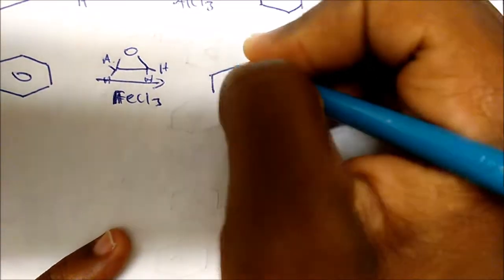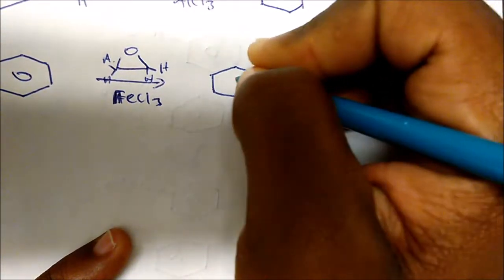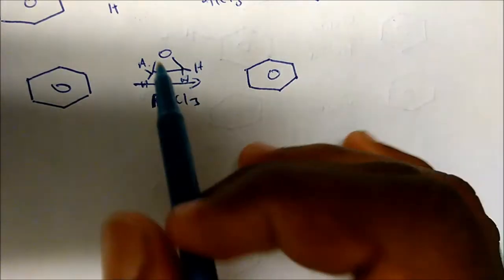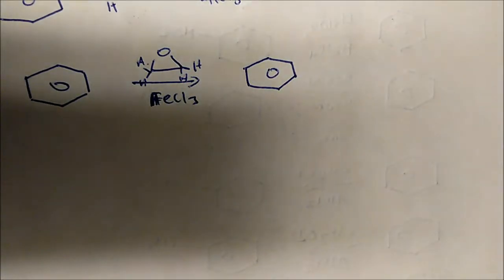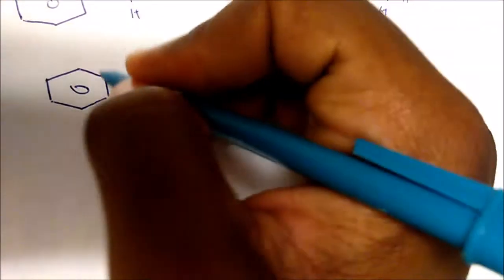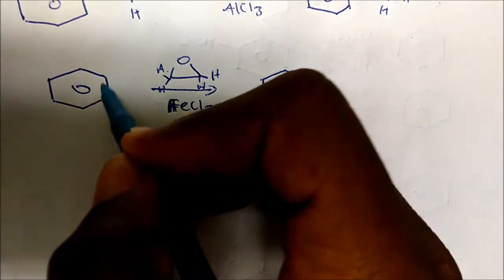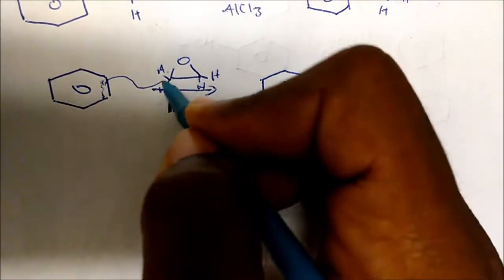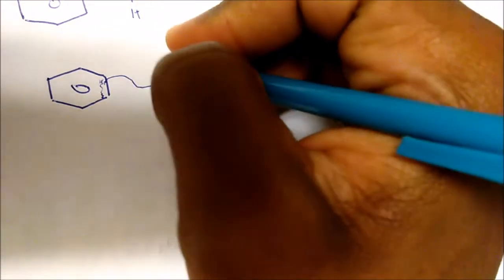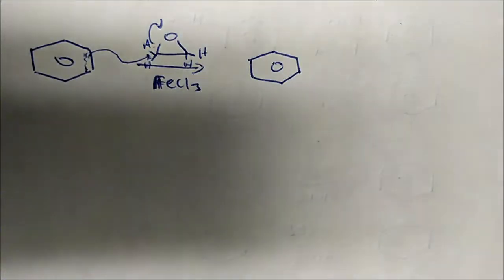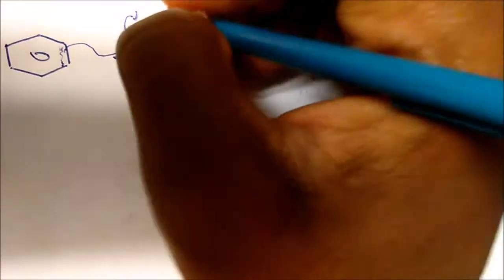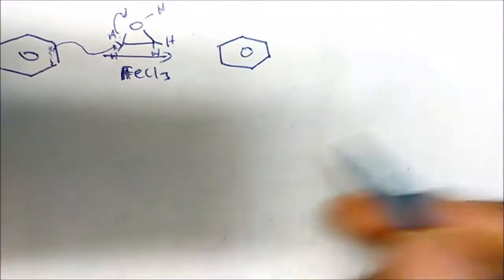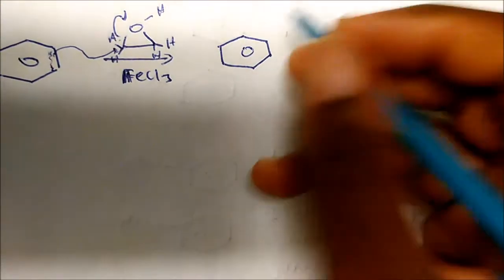So when I generate the positive charge in the Lewis acid, one of the pi electrons from the benzene, I'm just going to draw in some pi electrons here, is going to attack. When that attacks, I have to break a bond. Now this gains protonation in the solution, and we're not going to go through the mechanism here.